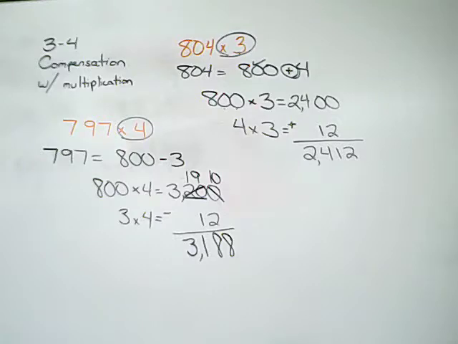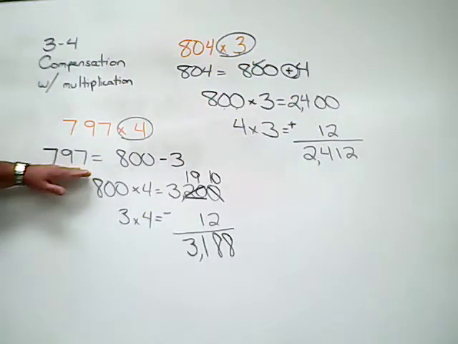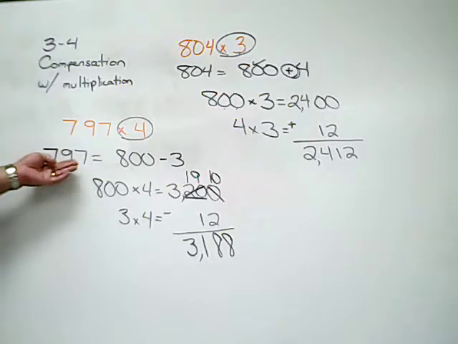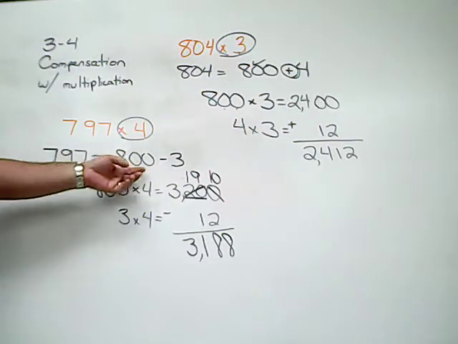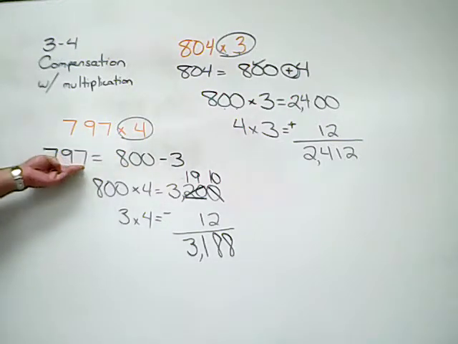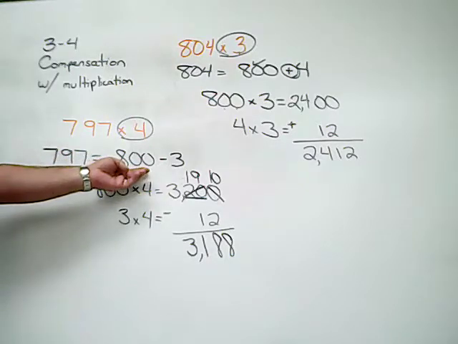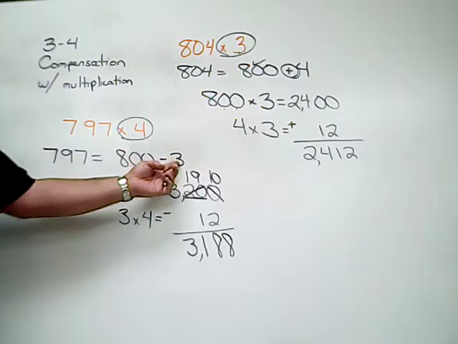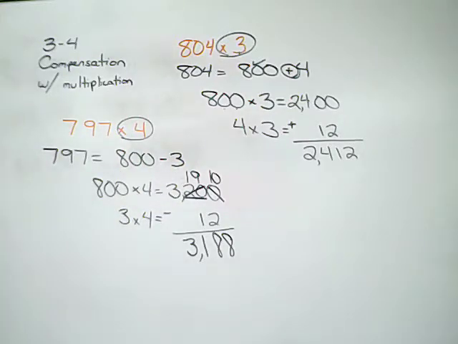Again, compensation can be a little tricky. It takes some practice. Remember, you want to start with your bigger factor, round it. Then when you round it, you want to make both sides of the equal sign equivalent. 797 equals 800. To make this true and equivalent, I needed to subtract 3 in this case.